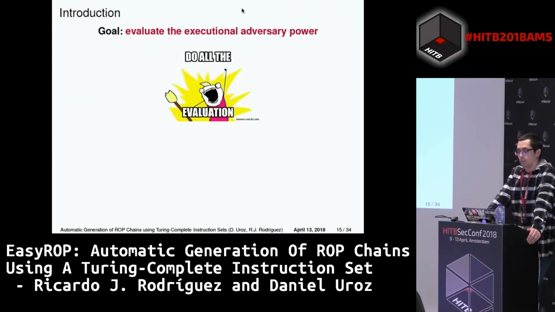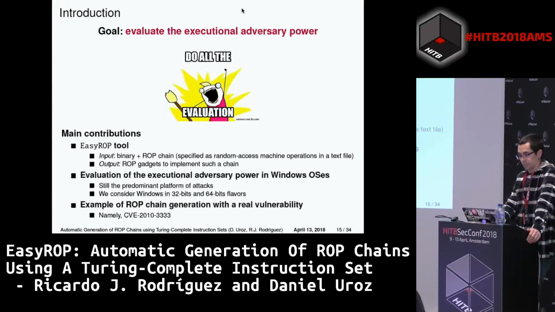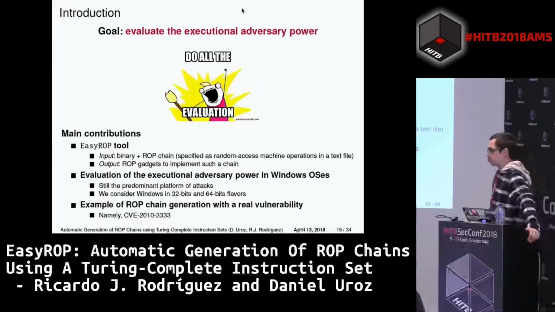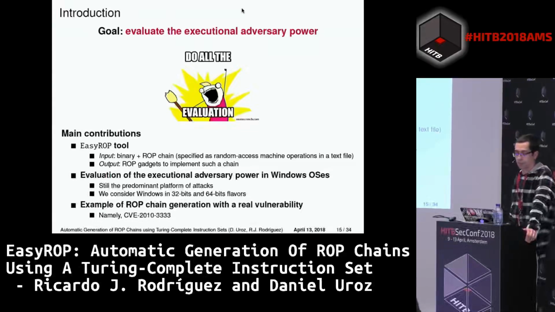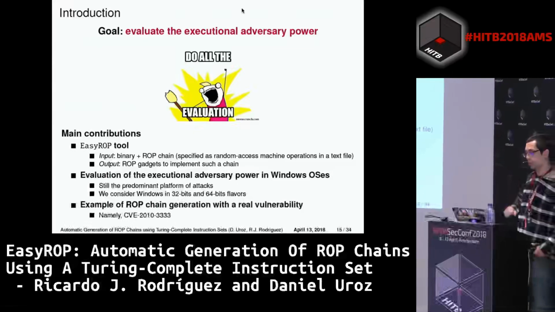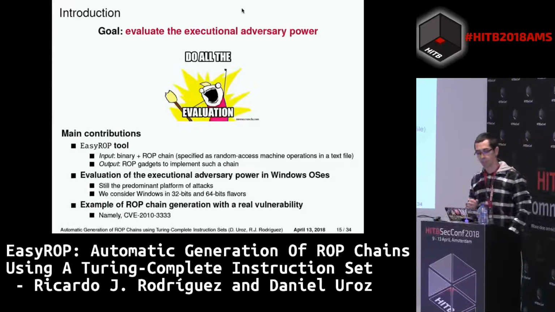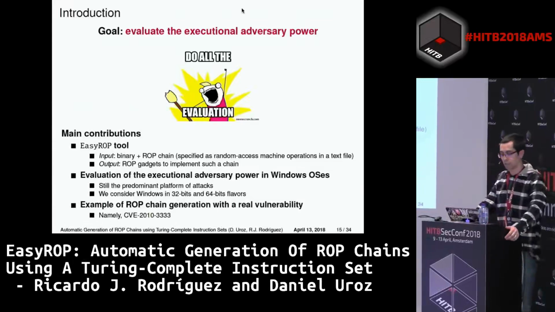Okay, so considering this, we would like to evaluate the executional adversary power. Okay. As main contributions in this work, we have developed a tool, EasyROP, which takes as input a binary plus a ROP chain specified as the operations that we have seen before in a text file. And as output, the tool will give you directly the ROP gadgets to implement that ROP chain.